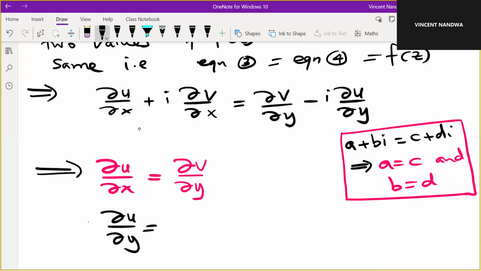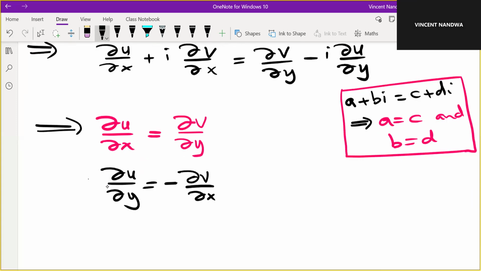Correct, negative partial v, partial x. I hope people are able to see where negative is coming from. And then we are done. So this is the end of proof.